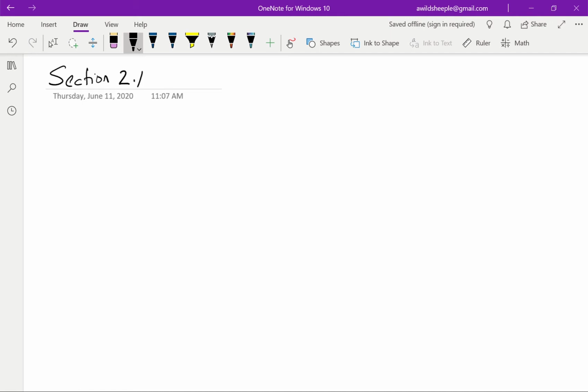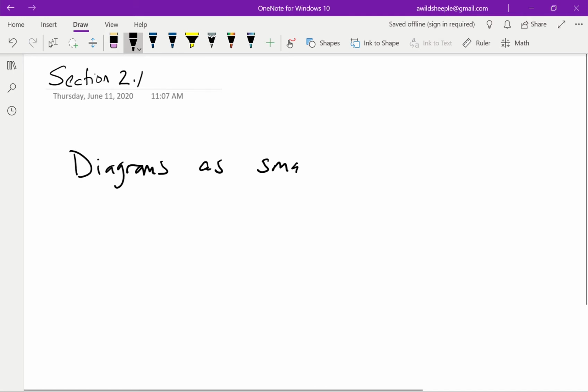So we're going to do that, and the primary difference is that now we're going to talk about diagrams as small categories. Or maybe I should say as functors out of small categories. But I'm going to write what I started writing. So maybe what I'll write is diagrams or shapes.